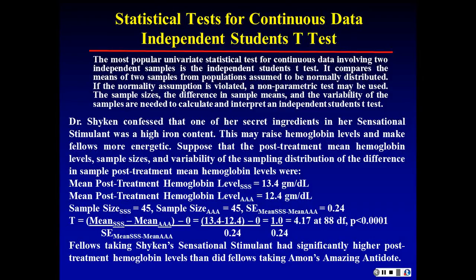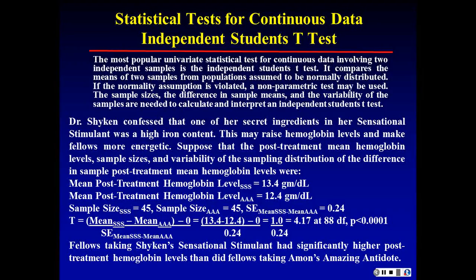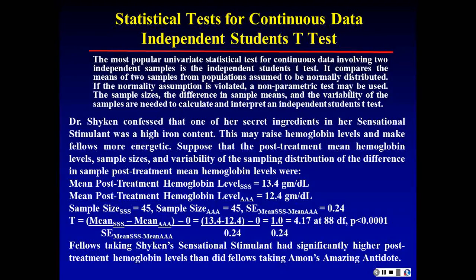But there is no rule of thumb that says 90 degrees of freedom is better than 80 degrees of freedom or anything like that. Just as Gary pointed out, it's the variability or the room that your data has to wiggle after certain other conditions are set. The t-distribution is actually calculated based on certain degrees of freedom, so you would have a different t-value for 80 degrees of freedom or 100 degrees of freedom, but this is what it would be and the proportion of the p-value at 88 degrees of freedom.